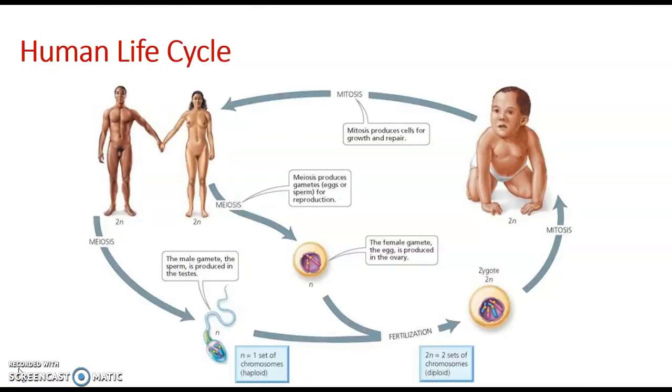As we recall from our discussion of the reproductive system, the only cells in our bodies that are haploid, having only a single set of chromosomes, are the gametes produced by meiosis, sperm cells in males and egg cells in females. The rest of the cells in our bodies, the ones carrying out all of the other body functions that we've discussed this semester, are diploid, meaning they contain 2 full sets of chromosomes.